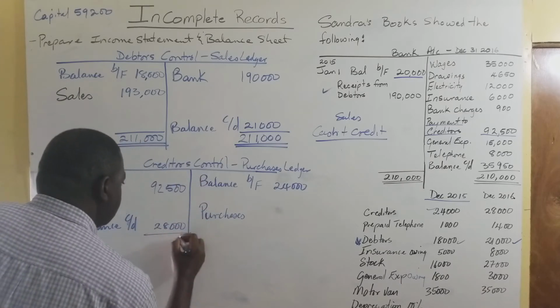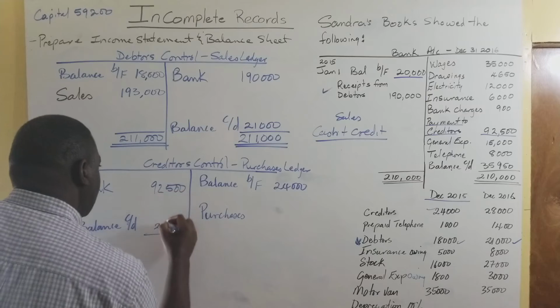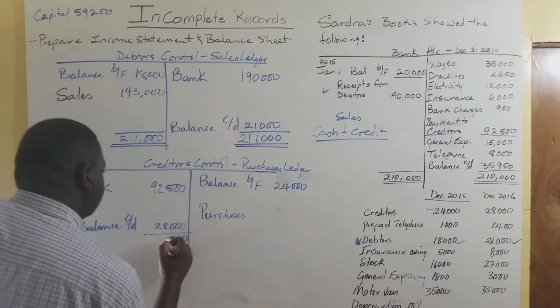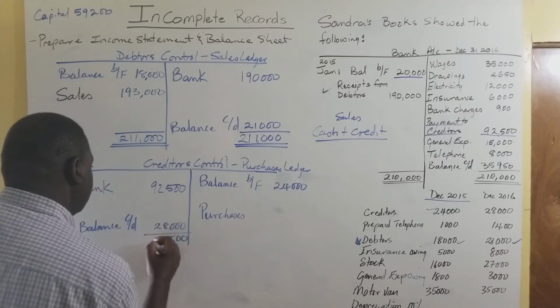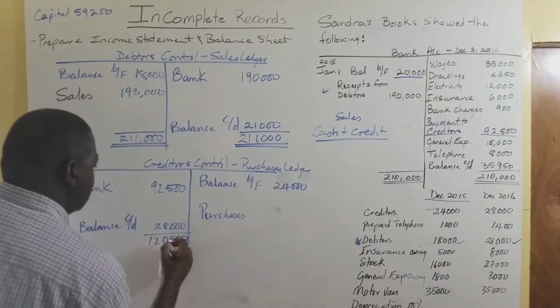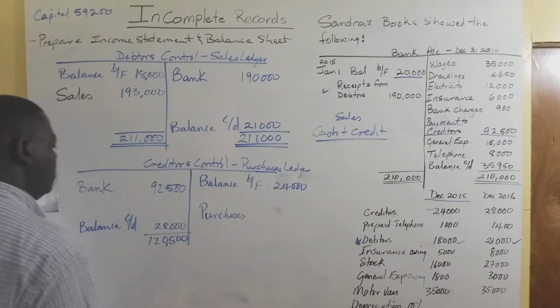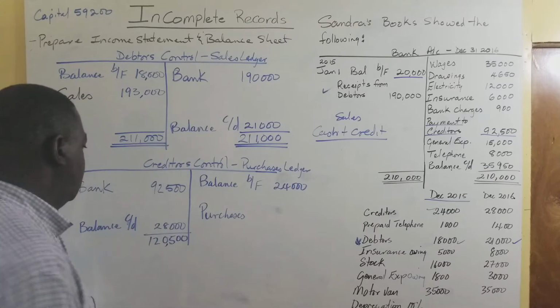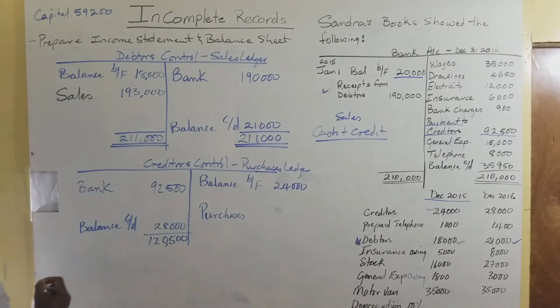When we add these two, we're going to get, yes, am I right? Yes. So that's going to be 120,500. All right. We're going to take the 24,000 from it. Then we're going to take 120,500 minus 24,000.